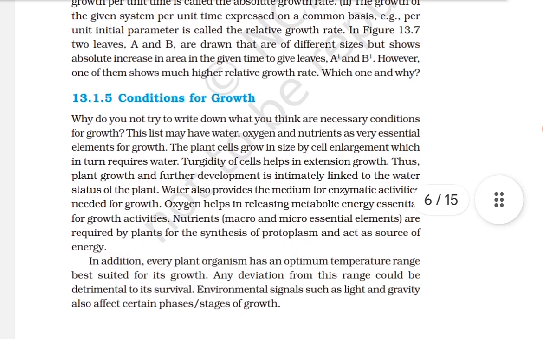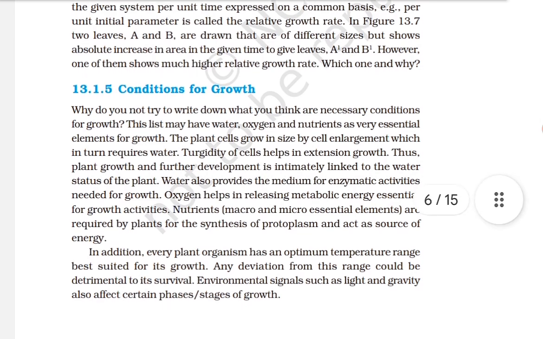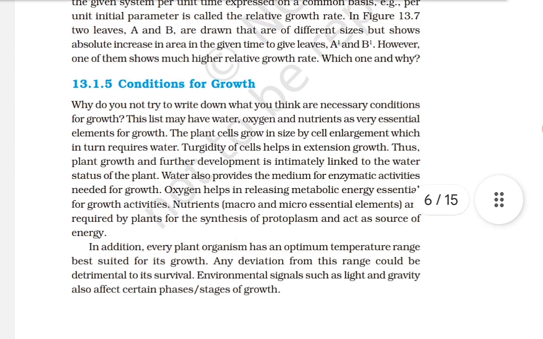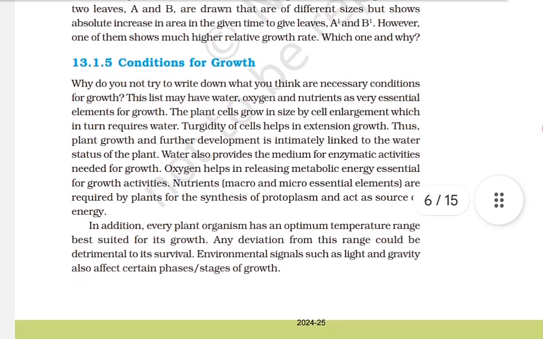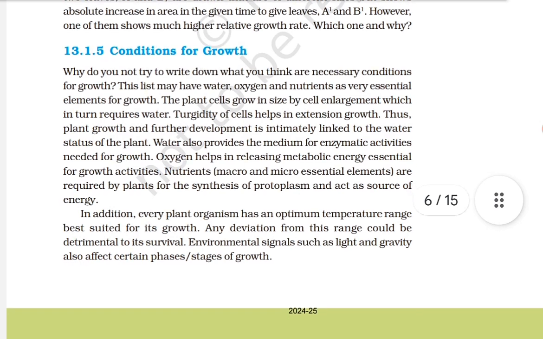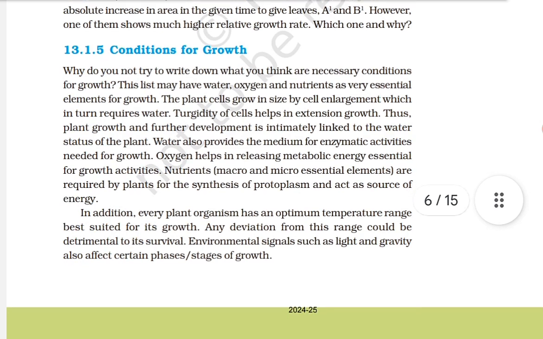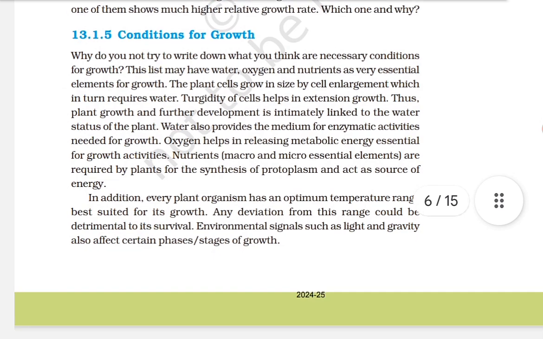इक्वेशन एक बार और दिमाग में उतार लीजिए, W1 इज इक्वल टू W0 e की पावर RT, जो कि एक्सपोनेंशियल ग्रोथ की इक्वेशन है। और जो एक और इक्वेशन थी पहले वो थी एरिथमेटिक ग्रोथ की, जो Lt इज इक्वल टू L0 प्लस rt थी, ठीक है। अब W1 इज इक्वल टू W0 e की पावर RT चल रहा है। Here r is the relative growth rate and is also the measure of the ability of the plant to produce new plant material, referred to as efficiency index.